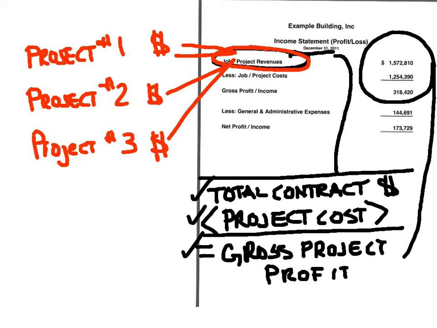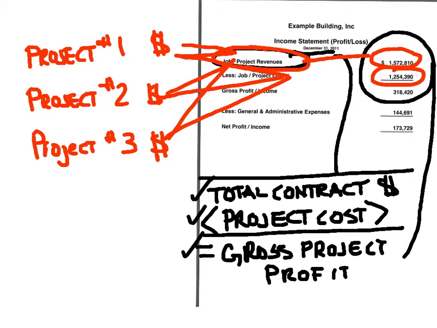So the total collected on all three projects for payment during that given year would equal the total project revenues. Consequently, the amounts left over after project cost was taken into account on all three projects would add together as project cost. The difference between the project cost for all three projects and the revenue, or the money taken in for all three projects, would equal gross income for the company.